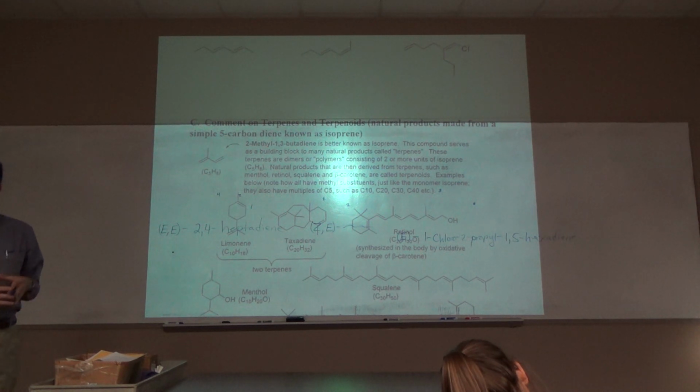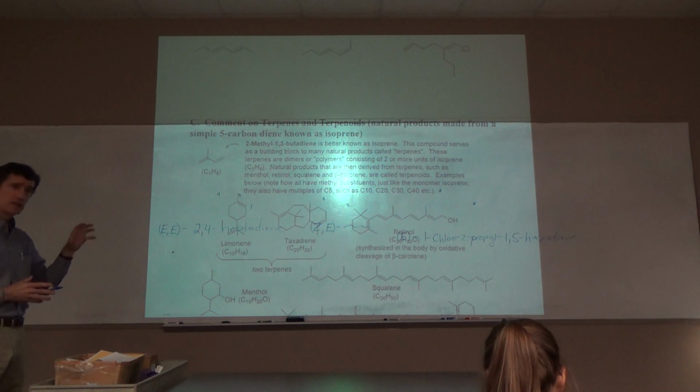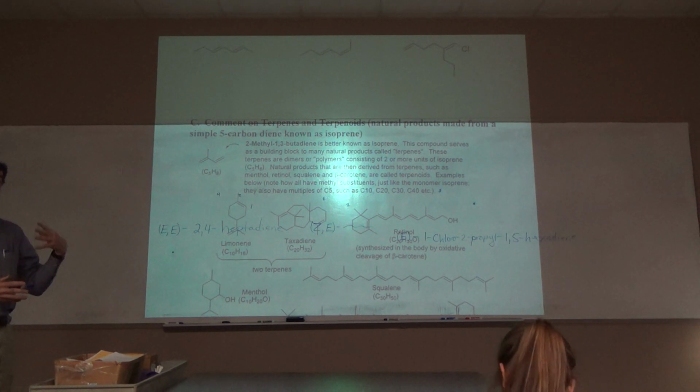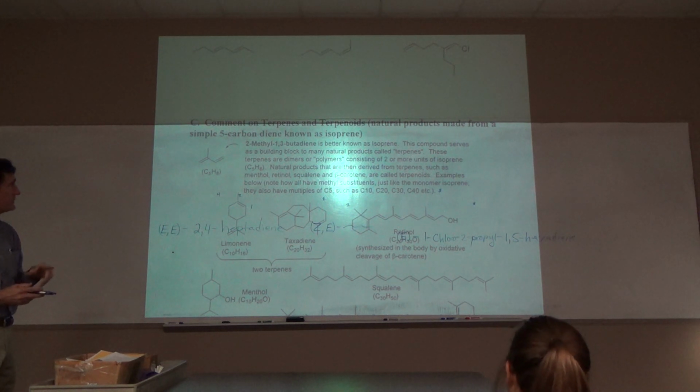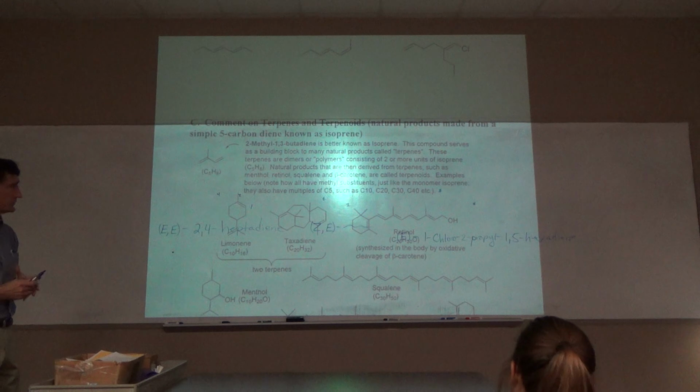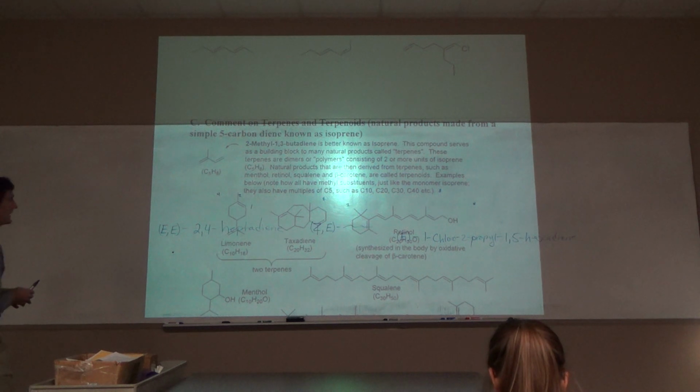The other natural product we saw way back, test 1, was alkaloids. Alkaloids have a basic nitrogen, so they are alkaline-like. Terpenes do not have a basic nitrogen, or they would be called alkaloids. Terpenes often are hydrocarbons, but sometimes they contain oxygen.